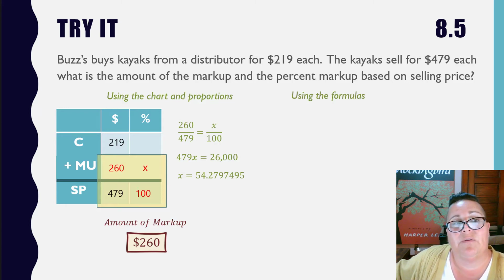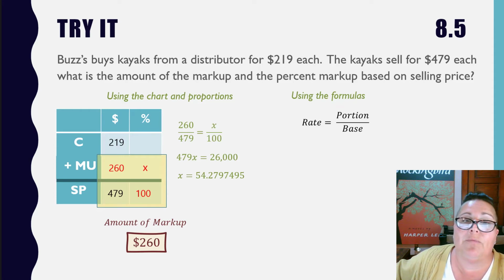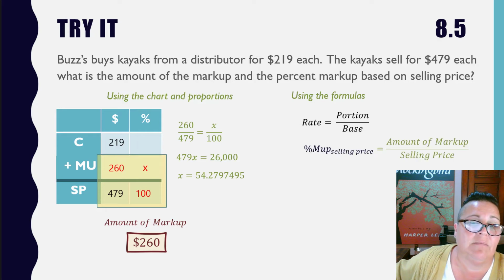And if I use the formula, what I'm looking for is a percent or a rate. So I can use the basic rate is equal to the portion over the base. However, my rate this time is the percent markup based on selling price.